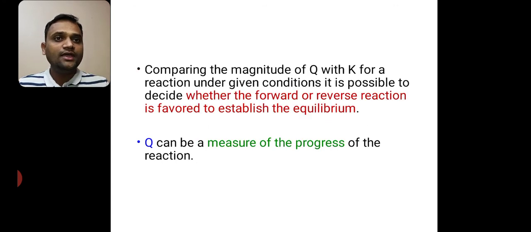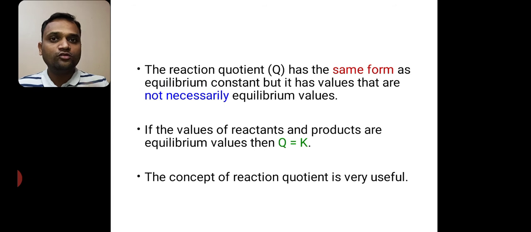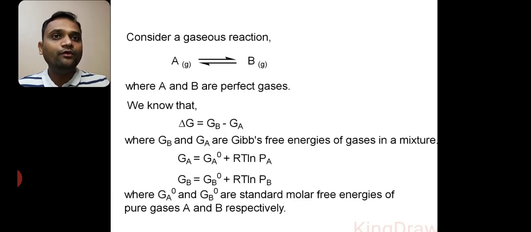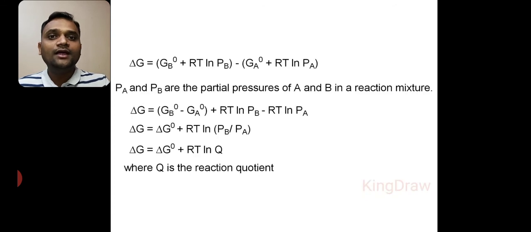So this is about perfect gas equilibrium. What we have studied in this lecture: we have derived an equation, delta G is equal to delta G0 plus RT ln Q. Here we have introduced a new term, Q, which is the reaction quotient, equal to PB upon PA.